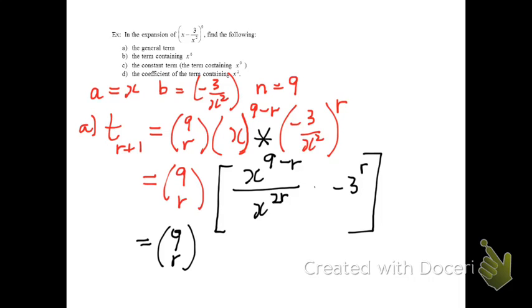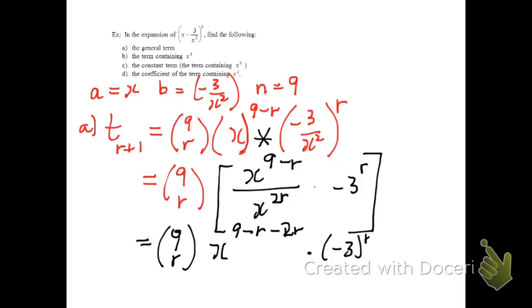This will simplify just using power rules. So we have our x to the power of 9 minus r, and when we're dividing, we subtract exponents, so that's 2r, times negative 3 to the power of r.